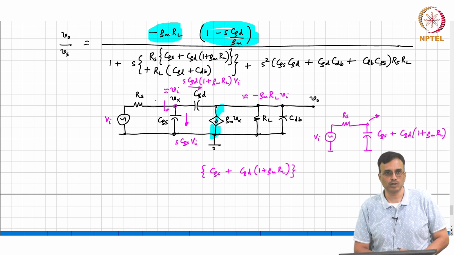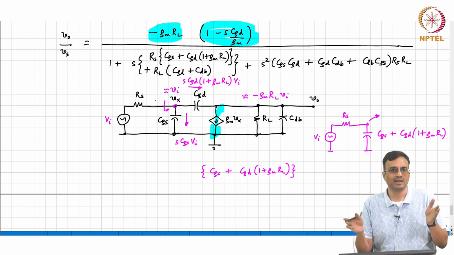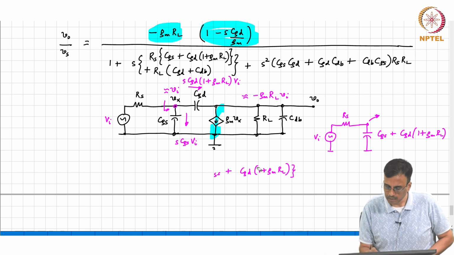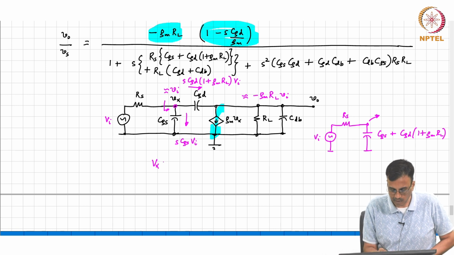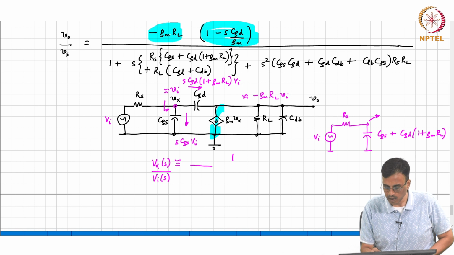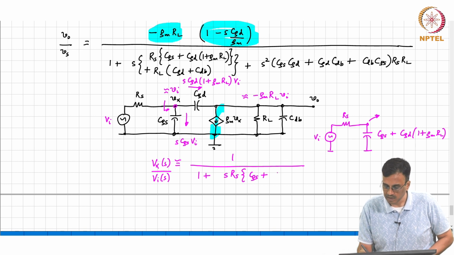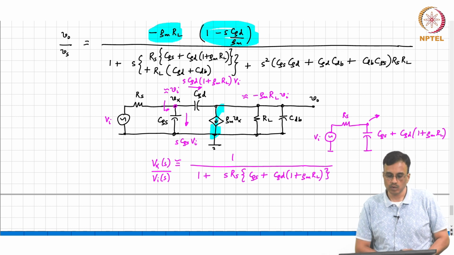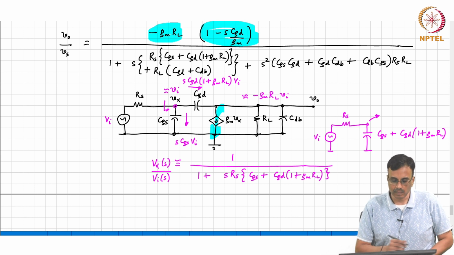A better approximation to the voltage there, which is valid at low frequency, must therefore be Vx of S by Vi is nothing but 1 over 1 plus S times Rs times CGS plus CGD times 1 plus GMRL. So that is the Vx.